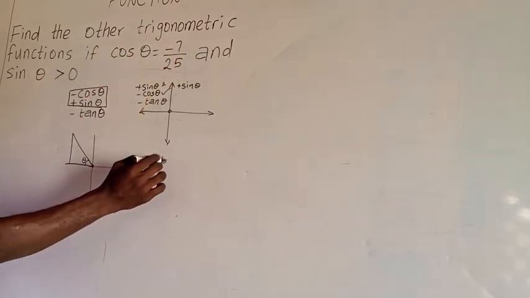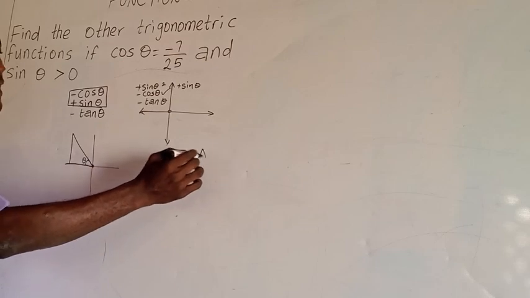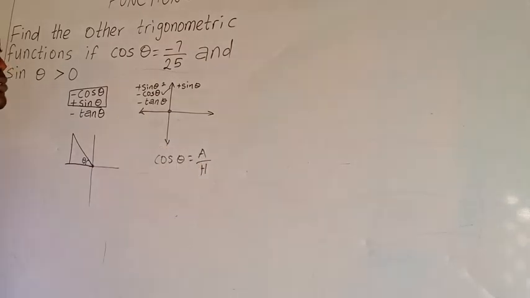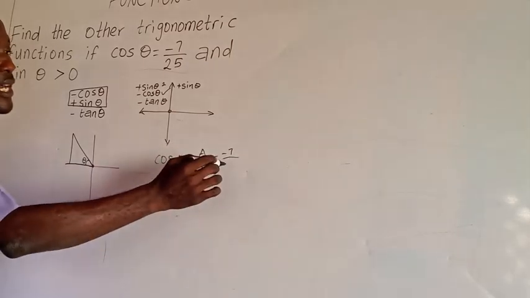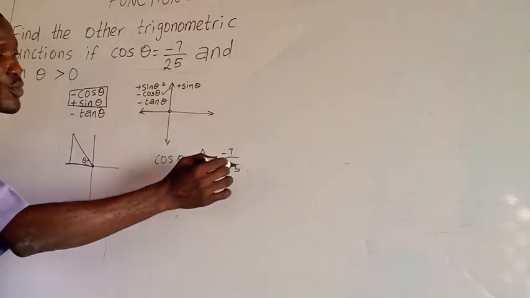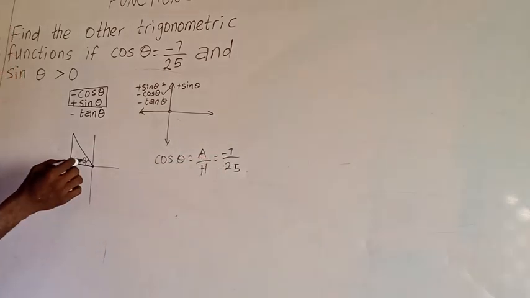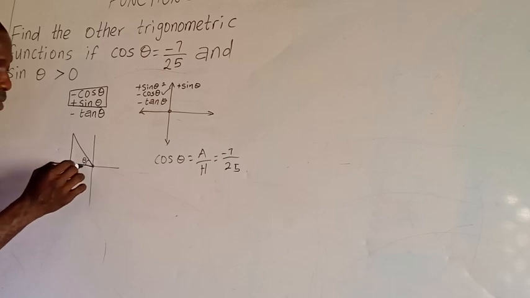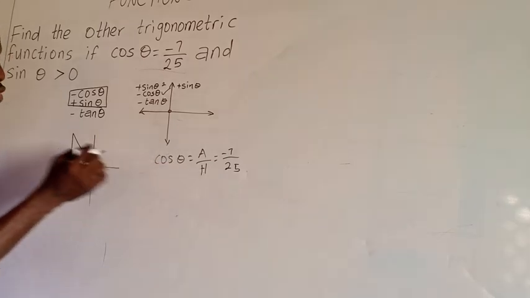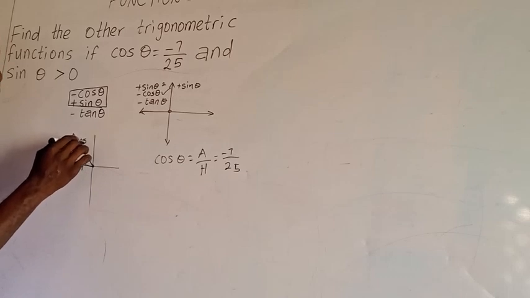Remember that cos theta equals adjacent over hypotenuse. This actually means that our adjacent is -7 and our hypotenuse is 25. With that, this is our theta. Our adjacent is -7. That means this place is -7, and then our hypotenuse is 25. So this is going to be 25.